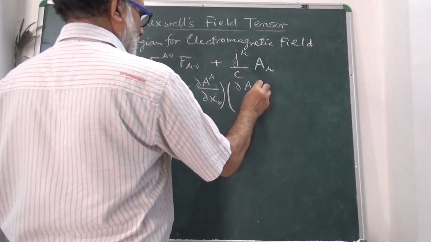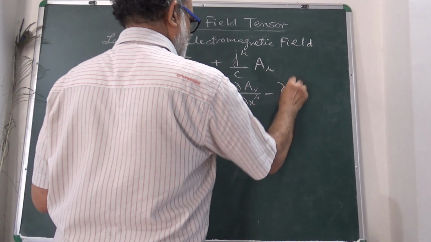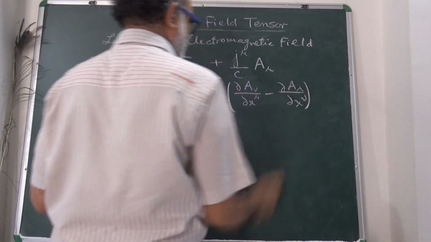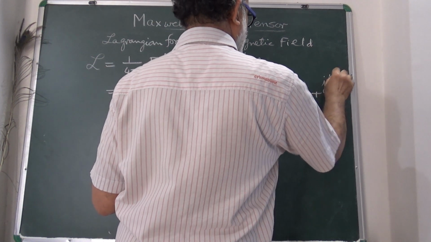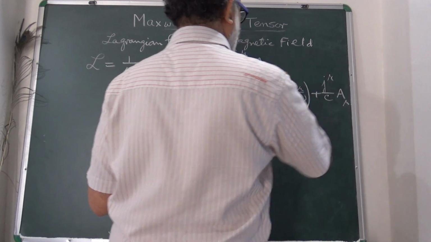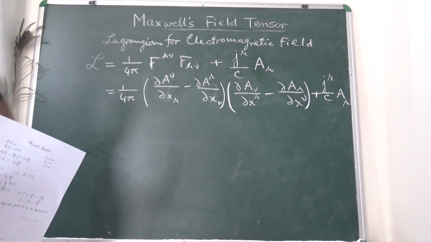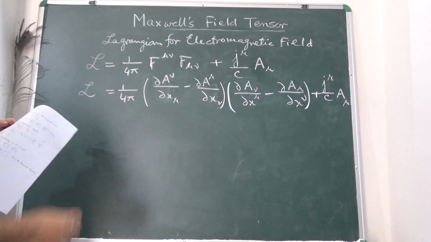So this is delta A nu by, plus 1 J mu by c. Mu and nu run from 0 to 1, 2, 3. Okay, so this is our Lagrangian, quadratic in the field.